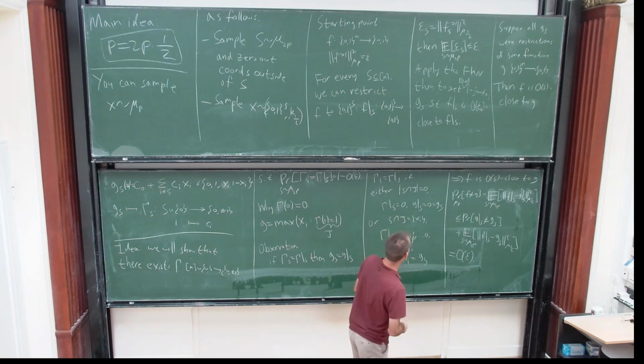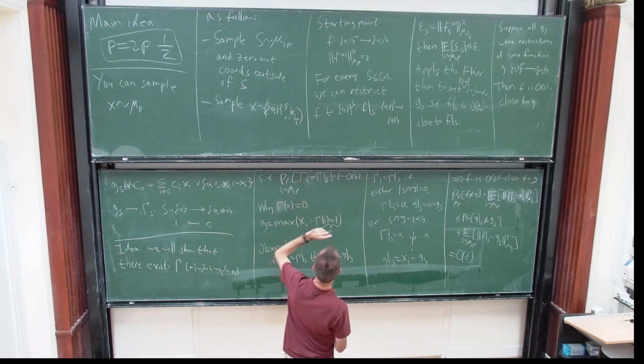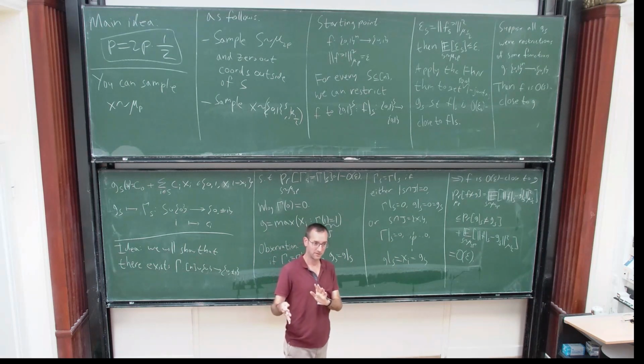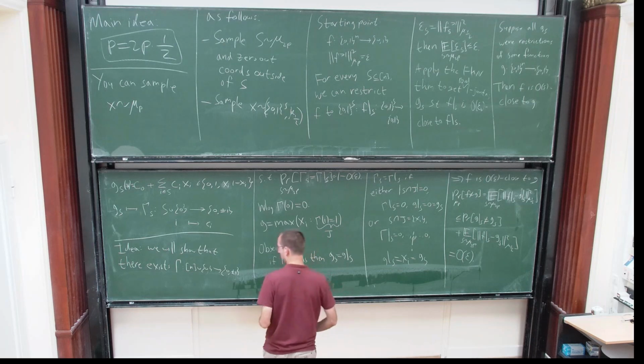Okay? So we also need to explain, okay, I'll erase it, but we want to say that the size of J is small. Let's write it here.